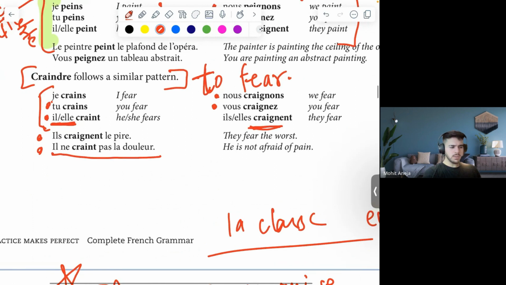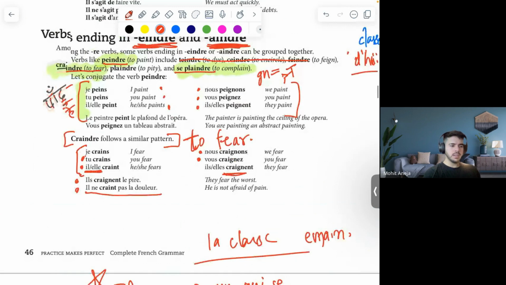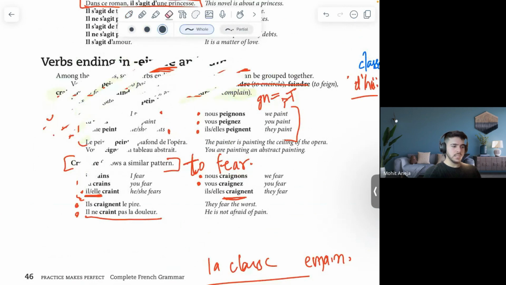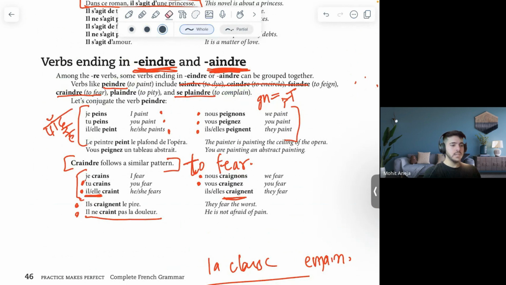So this was all about this. There isn't much more in it. Honestly speaking, you have to learn this; the conjugations are important. The one thing you need to note down is this: whenever there is a plural conjugation, there is a gn in it. Did you note this pattern?